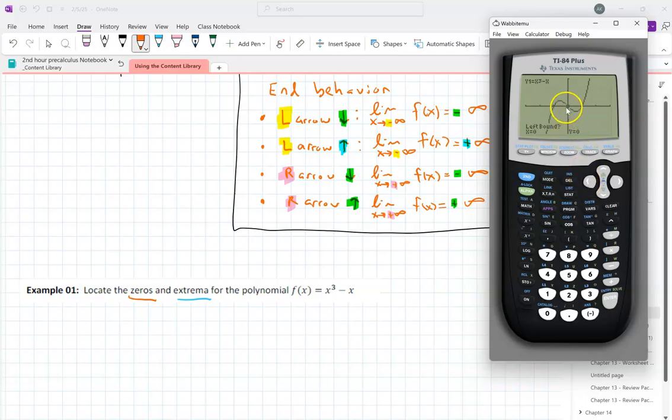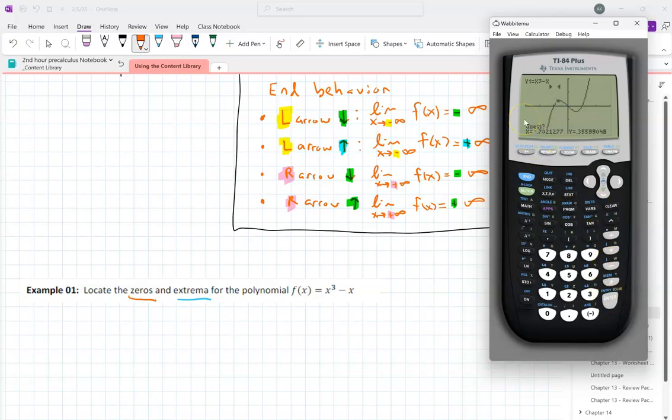I see my cursor here flashing in the middle of the screen. I'm going to use the left arrow to move that cursor over so it's on the left side of that 0. So that looks good there. I'll press enter. Now the question has changed. It's now asking me for a right bound. So I'm going to go ahead and move my cursor to the right. That looks good. Press enter.